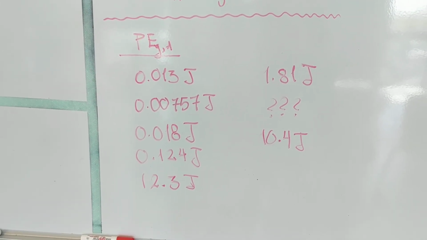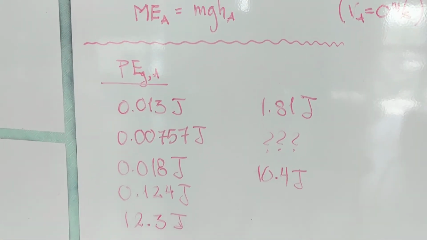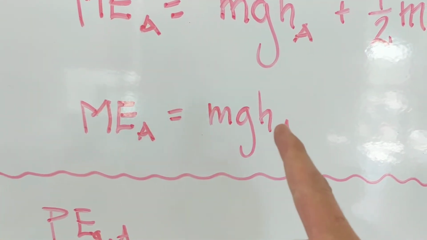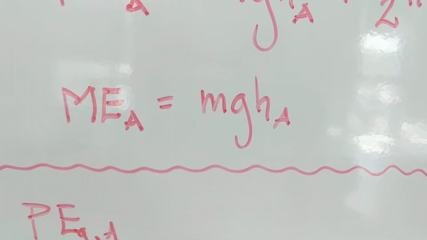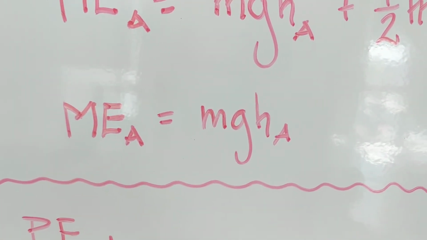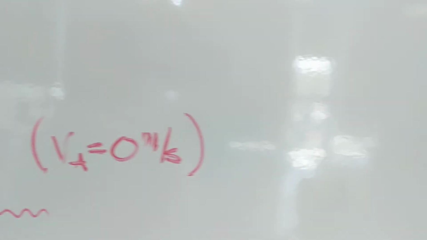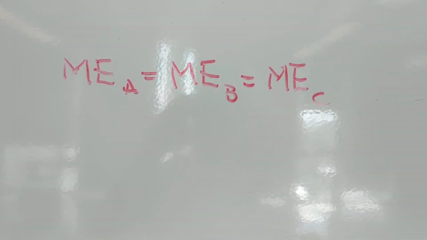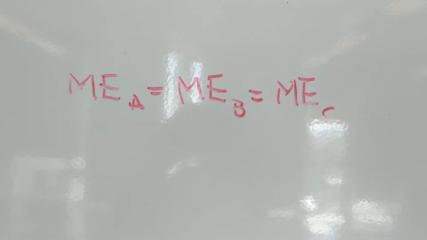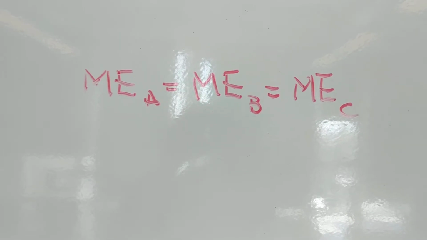And just to continue the lesson here, once you have a potential energy that you're comfortable with, what you see here is that all of that energy is equal to the mechanical energy at point A. So not only have you calculated the potential energy at point A, but you've calculated the total mechanical energy at point A, which, as you can see, is equal to the mechanical energy at point B, which is equal to the mechanical energy at point C. So you know how much energy this marble has at every point on the coaster.